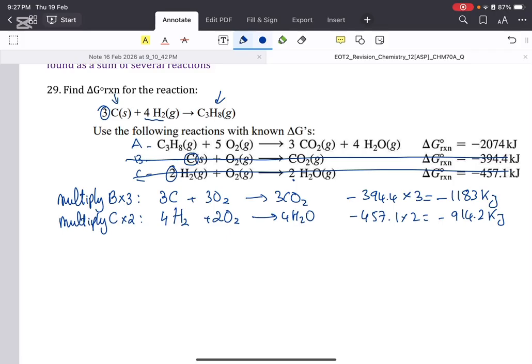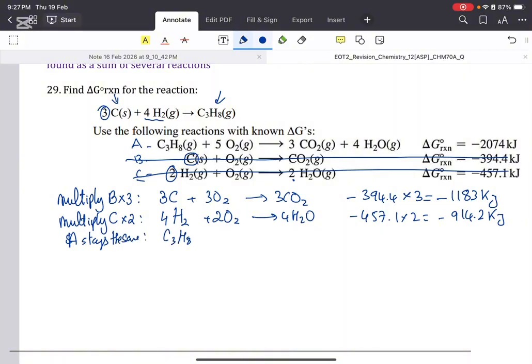Now I'll find this in A. It has to be the same, so A stays the same. And I'll copy it again. Wait, sorry.